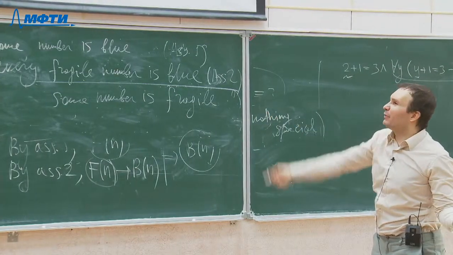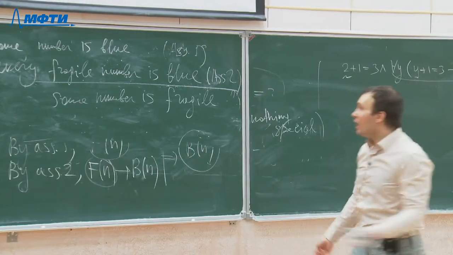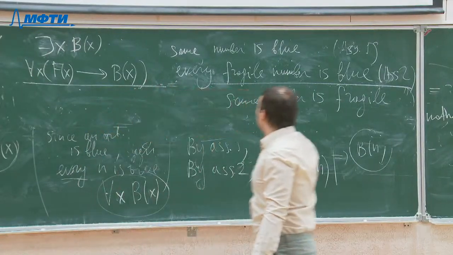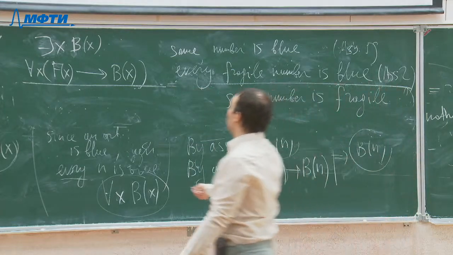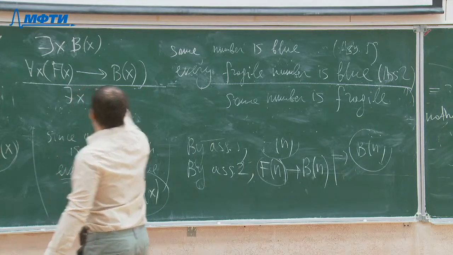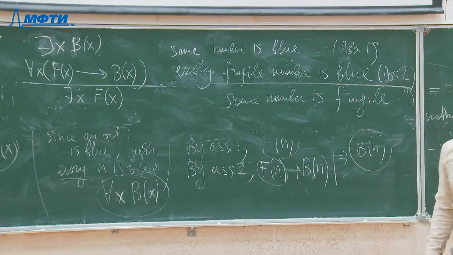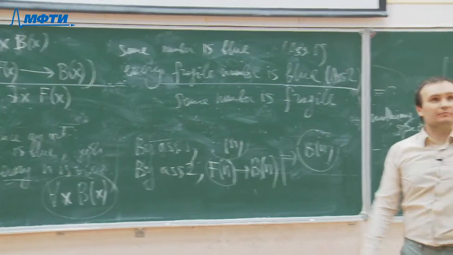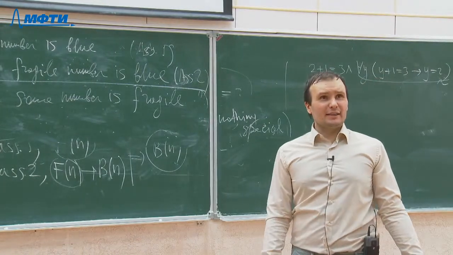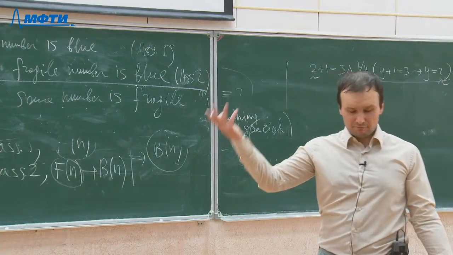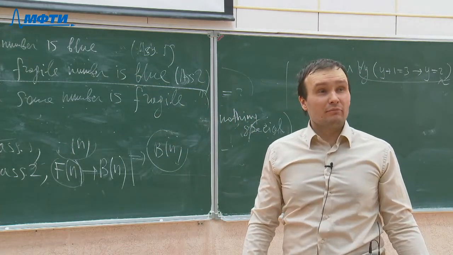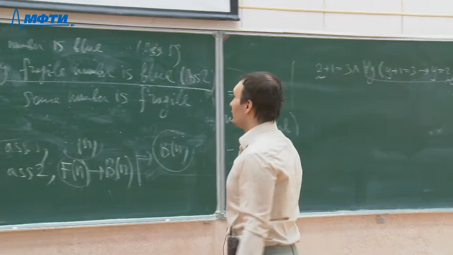Every fragile number is blue. And now we want to conclude from these two that some number is fragile. What does it mean? There exists x so that f of x. By the way, is it possible to prove it? Is it always the case that when our assumptions are true, then the conclusion is true as well?